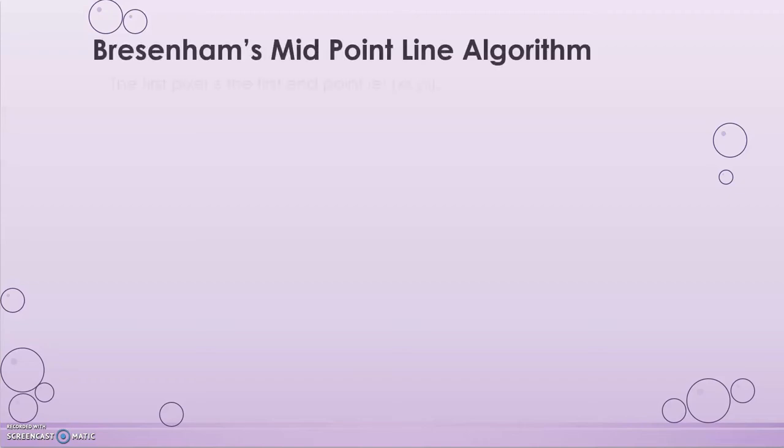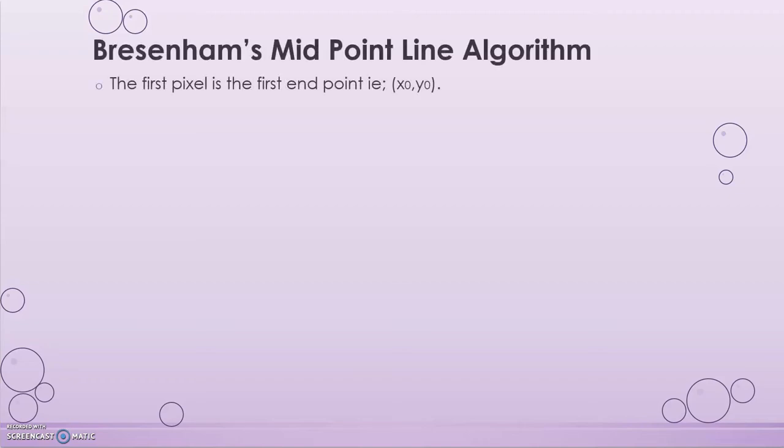So now, if d is greater than 0, choose the northeast pixel, and if d is less than 0, choose the east pixel. If d is equal to 0, either the east or northeast pixel is chosen. The location of M and the value of d for the next grid line depend on whether the east or northeast pixel is chosen.